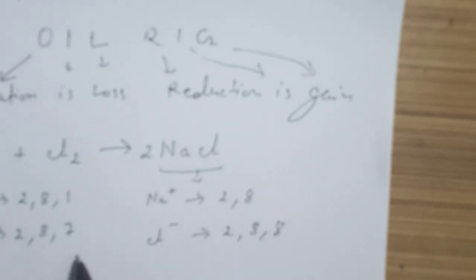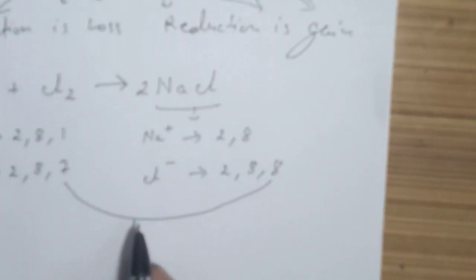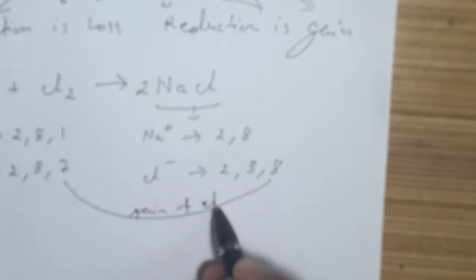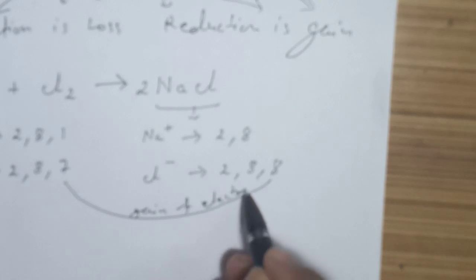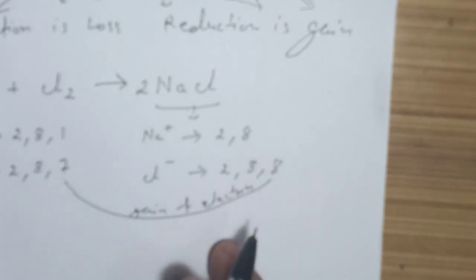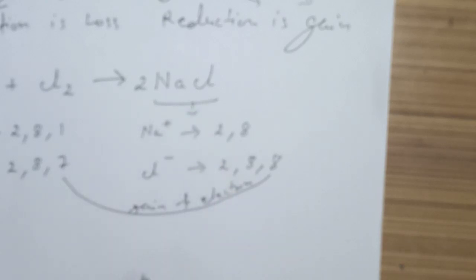So what have we seen? We have seen here there is gain of electron by chlorine.